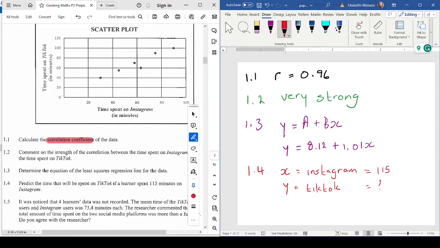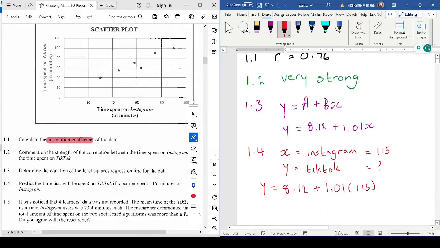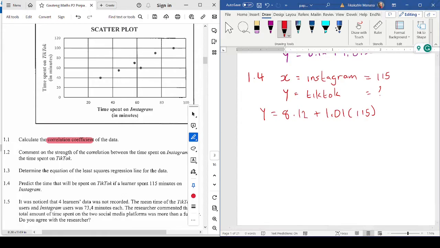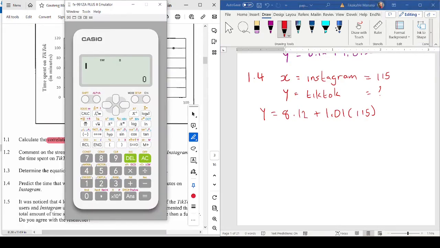So it's not so bad because we have our equation there, given by y is equal to 8.12 plus 1.01x. Now where there's an X, we will substitute 115. Let us see what answer we get if we put this in a calculator.